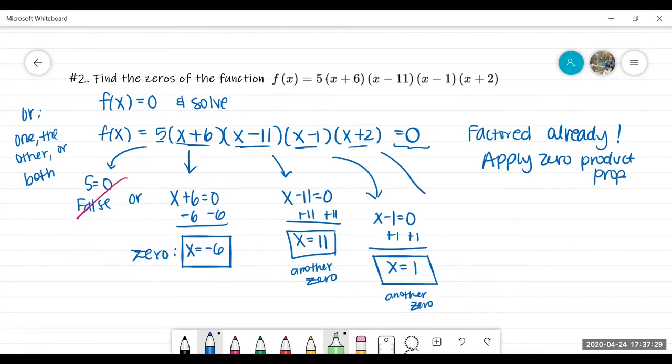And then last but not least over here, and again, I should be writing or in between all of these, or we get x plus 2 is 0, which if we move the 2 over, we get x is negative 2.